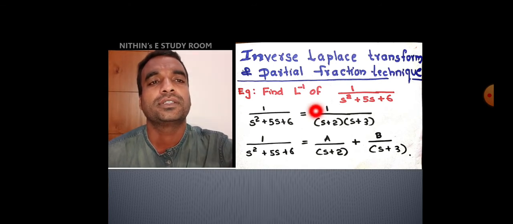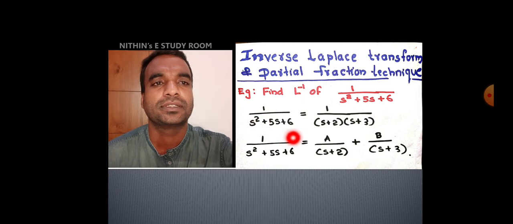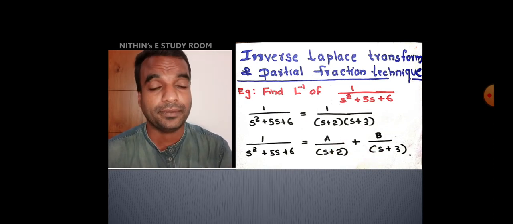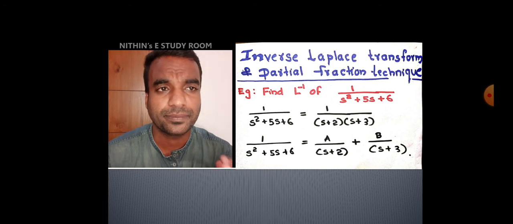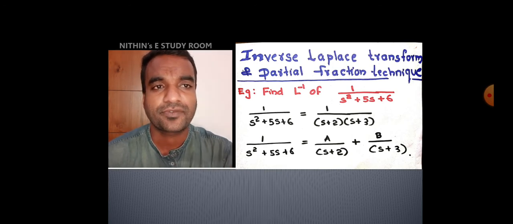Because (s plus 2) into (s plus 3) is nothing but s square plus 5s plus 6, but that can be rearranged as A by s plus 2 plus B by s plus 3. This is the basic step for doing the partial fraction technique.